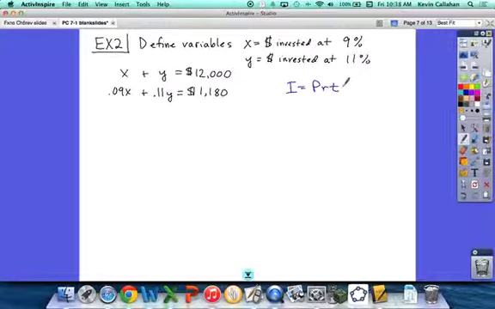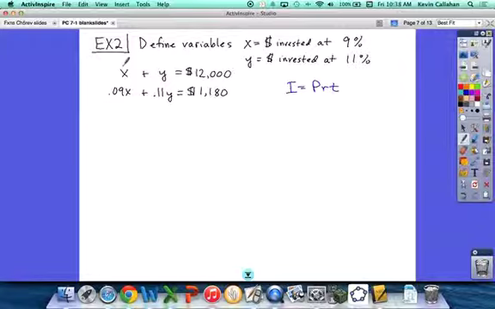So they're saying we're investing a total of $12,000 in two funds. One of them pays 9%, one pays 11%. The amount of interest that we're collecting from this investment is $1,180. So we set up a system of equations. If x is the amount invested in one fund and y is the amount invested in the other, then x plus y equals 12,000. That's the total that we've got to invest.